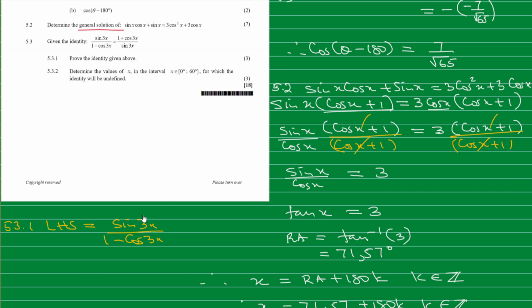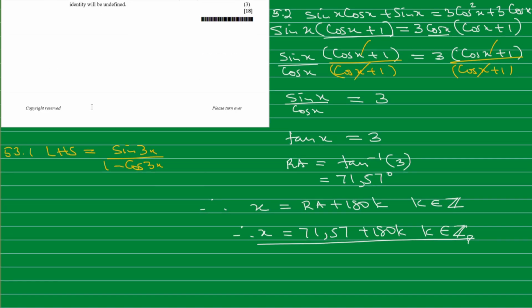Now I'm going to manipulate this until it gives me 1 plus cos 3x over sine 3x. One thing that we can do here, especially when you are given a denominator which is made up of two terms, is to multiply that denominator by its conjugate term.